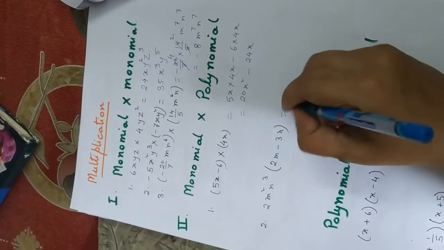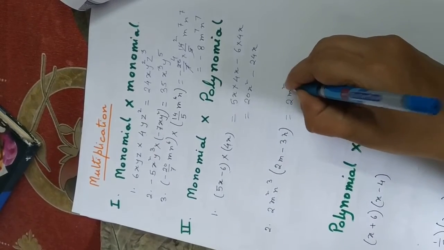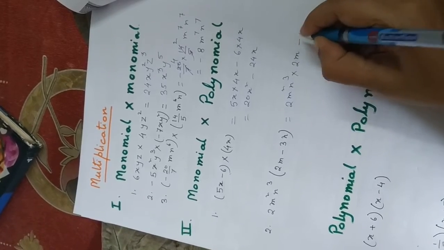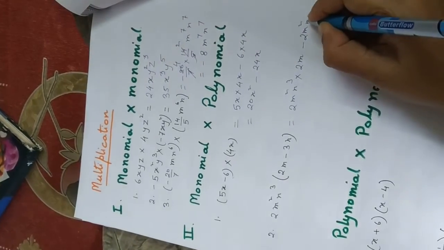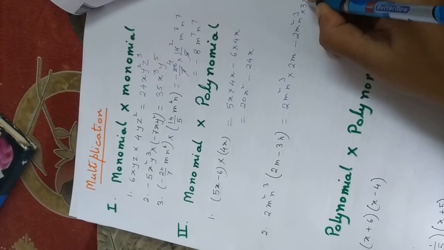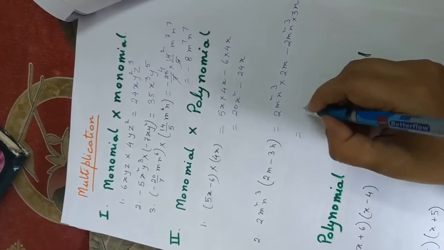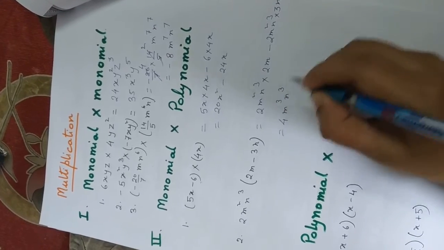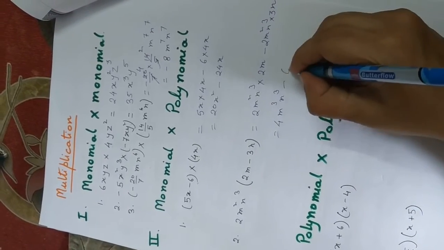Similarly for this question, 2m square n cube into 2m minus 2m square n cube into 3m. Now while you are doing this multiplication, 2 twos are 4, m cube n cube minus 3 twos are 6, m square n 4.